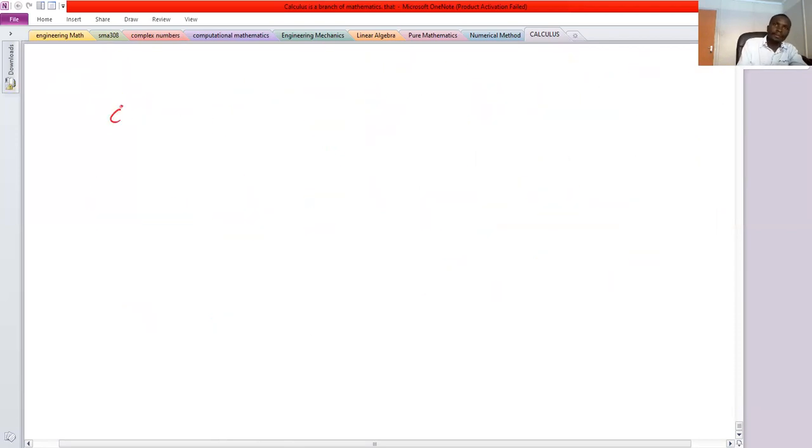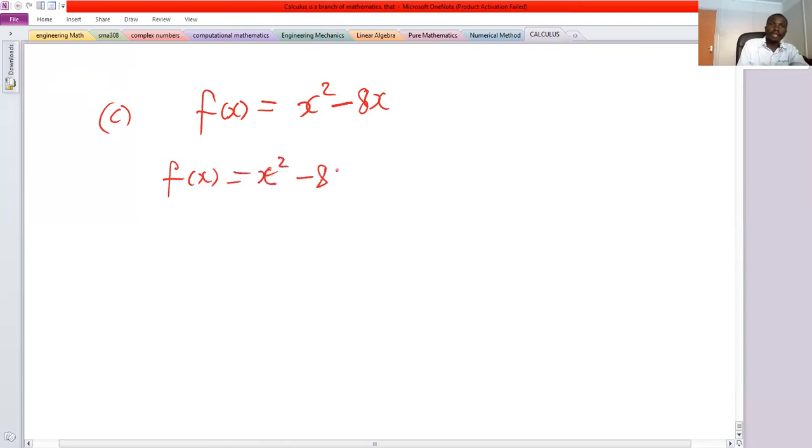And then C, we have f of x is given by x squared minus 8x. So f of x is x squared minus 8x.